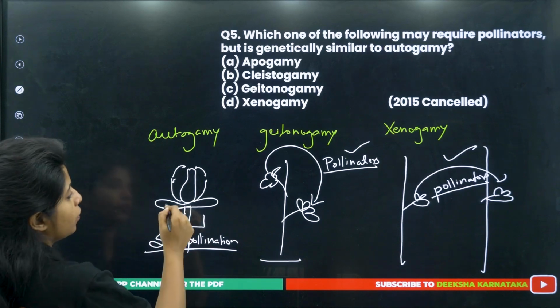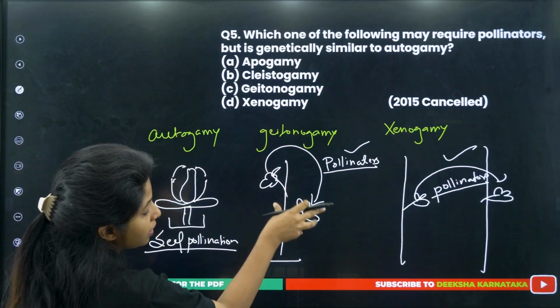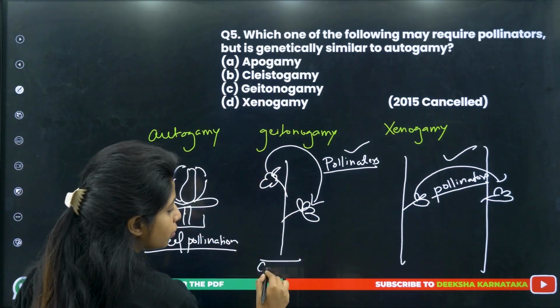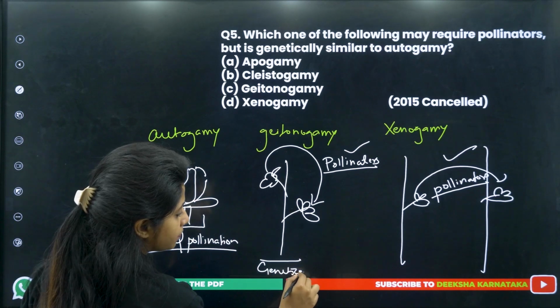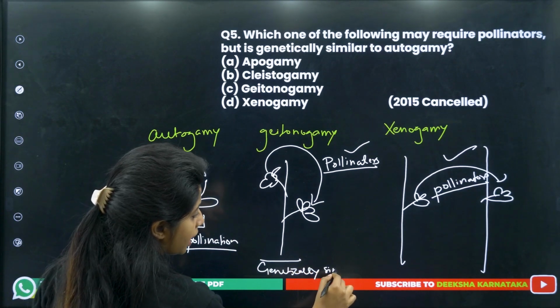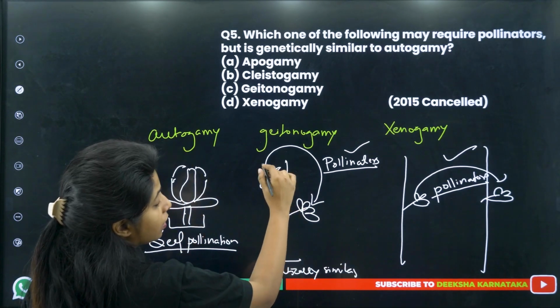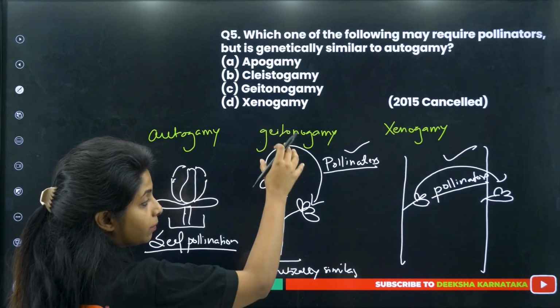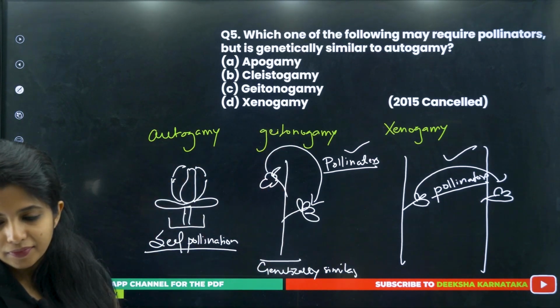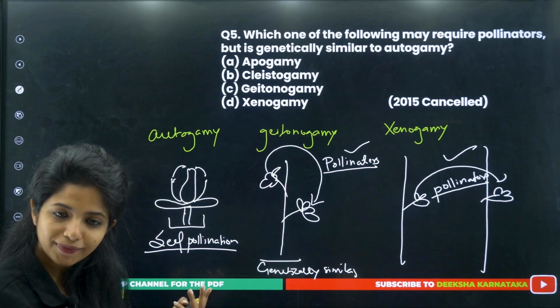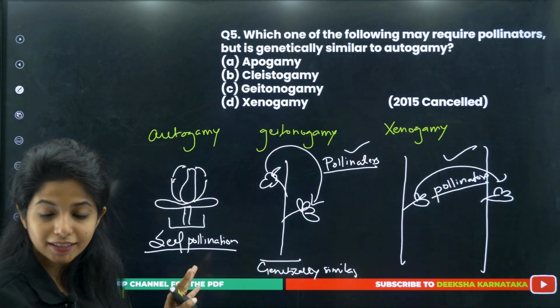Now if I say that this type of flower is there elsewhere in the same plant, don't you think it will be genetically similar itself? Genetically similar. When I say geitonogamy is the one where it is occurring from one flower of the same plant to another flower of the same plant, it is also self-pollination in a way.